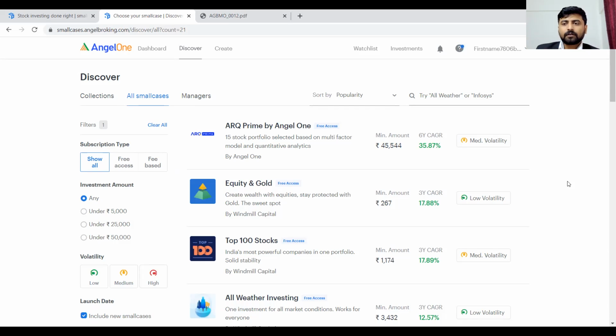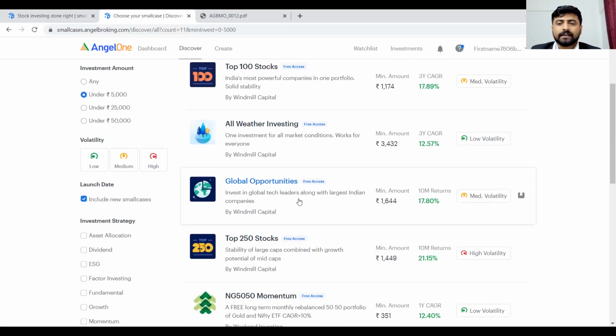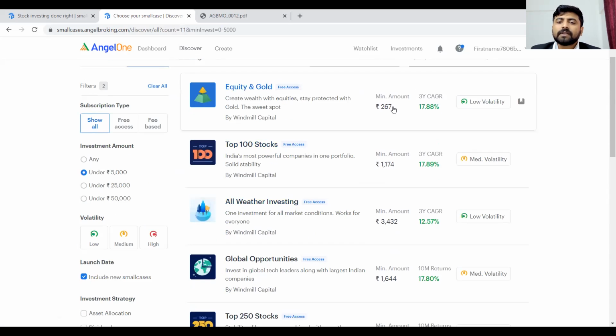So now, to make that job easy, we have enabled a lot of filter options for you. Users have asked us if they can segregate small cases using investment amount as a criteria. If you wish to do that, on the left, you can see something called investment amount. Over here, you can click on under 5,000 and you will be able to see small cases where the minimum investment amount is under 5,000.